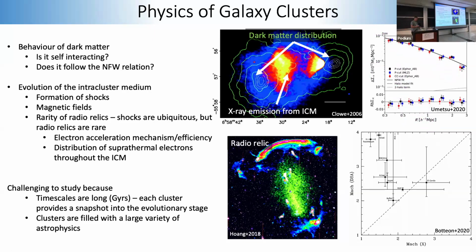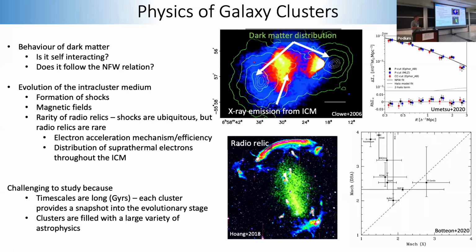There's a lot of interesting physics going on in the intracluster medium, and we can look at the evolution of the ICM by studying many clusters. As I already mentioned, we get the formations of shocks. And we can also study magnetic fields and something called radio relics. So in the bottom left here, we have the sausage cluster. This is the X-ray emitting intracluster medium in green, and you can see it's clearly elongated along the merger axis.